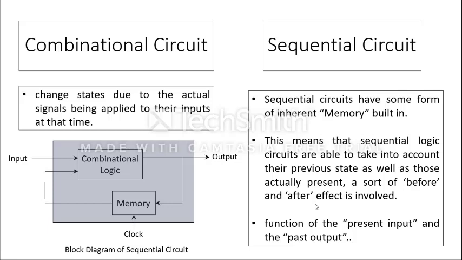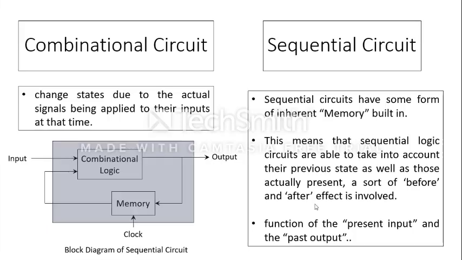Now you store this output in a memory, and for the next calculation you can use this output as another input to this combinational logic. Who controls how long you hold this output, and when you pass this past output as your present input? All of this is controlled by a clock.